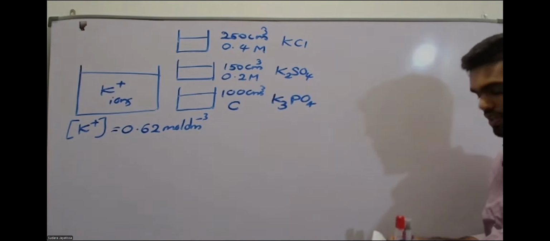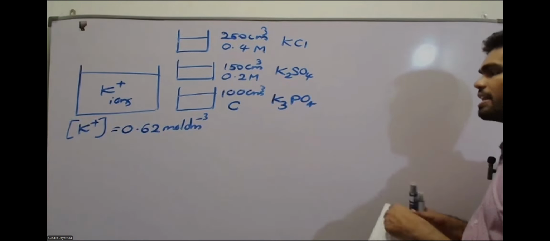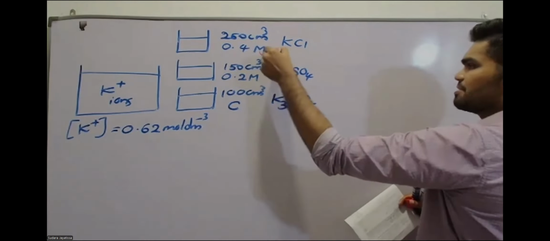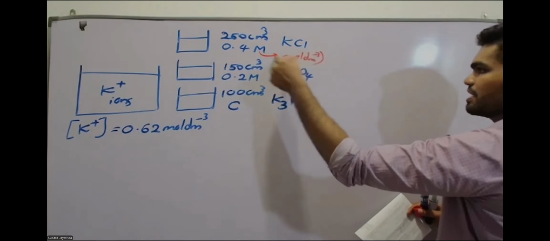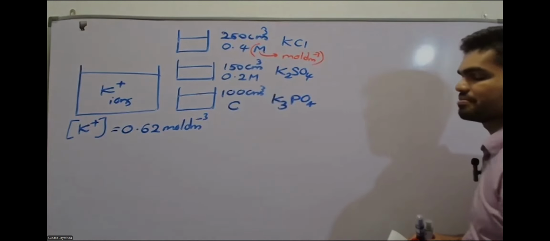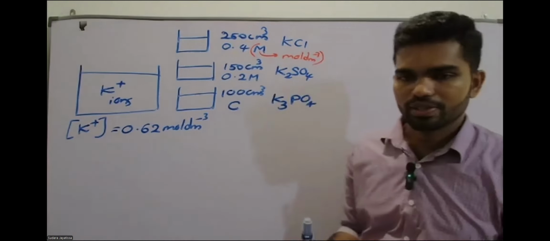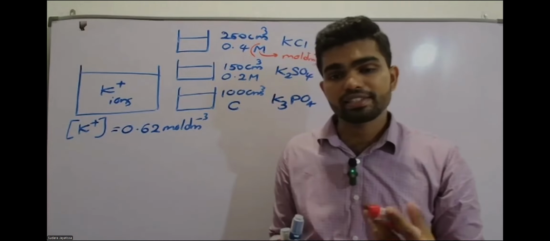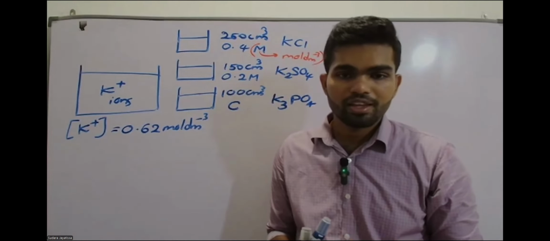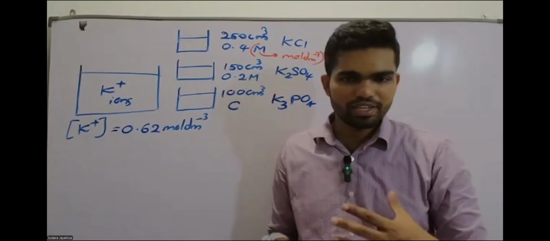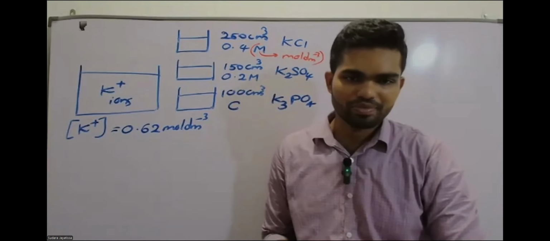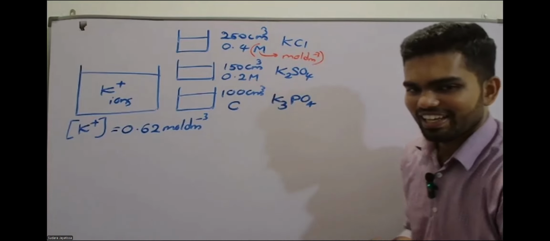Okay, K3PO4 is added. I'm writing here capital M, which is the symbol for moles per decimeter cube. Don't use it when you are answering questions. Let's say you want to write the final answer as concentration, don't write capital M. But when you are doing diagrams and things like that, it is easy to use capital M. Right.